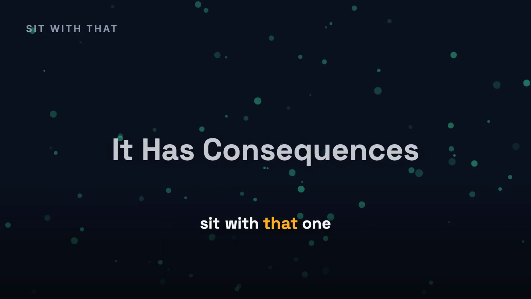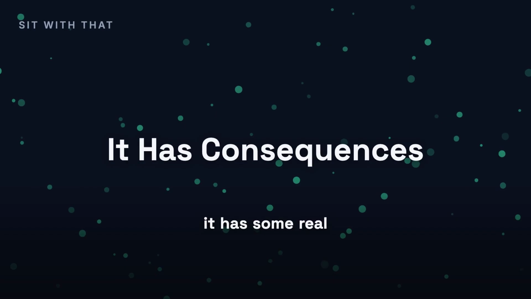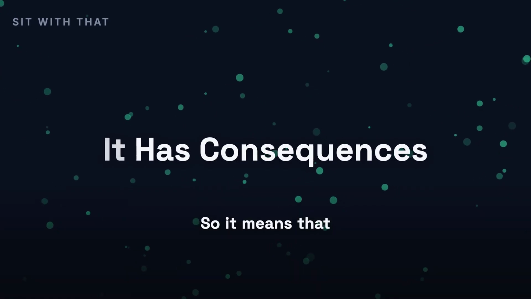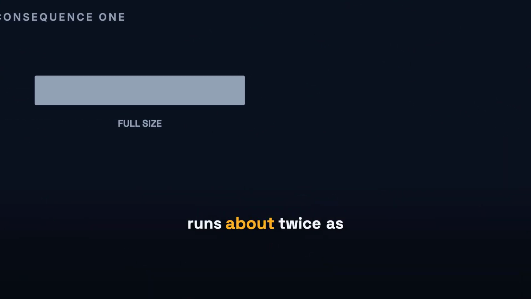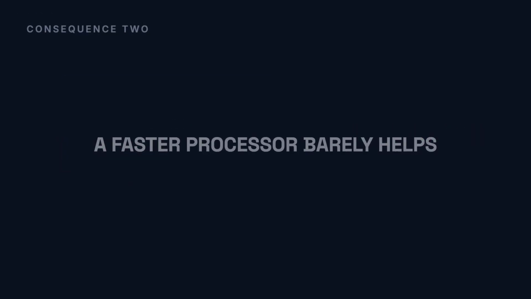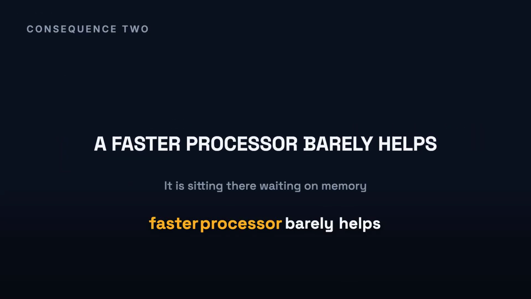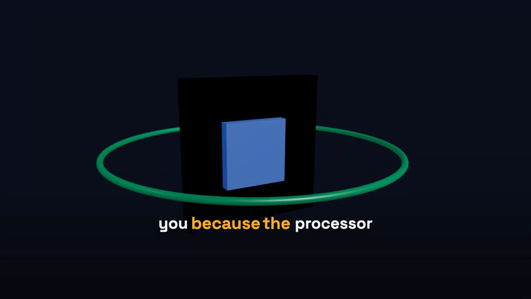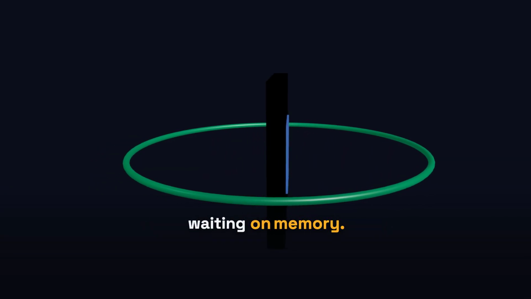And I want you to sit with that one for a second, because it has some real consequences. So it means that if your model is half the size, it runs about twice as fast, and that is the entire reason the next episode exists. It also means a faster processor barely helps you, because the processor is just sitting there waiting on memory.